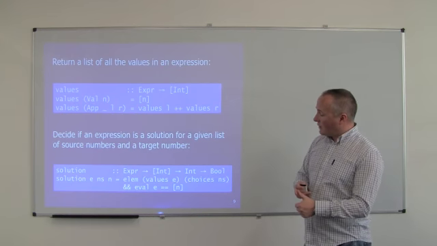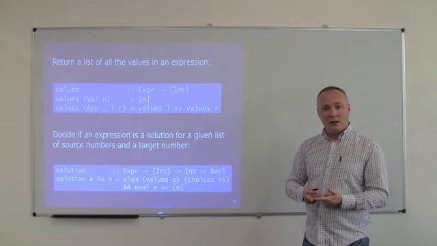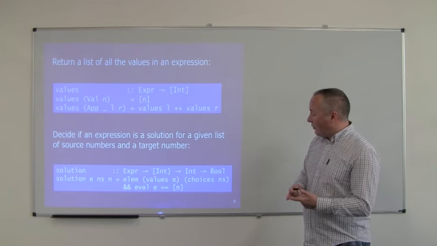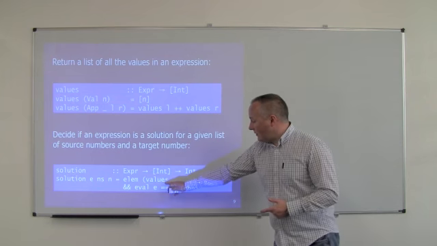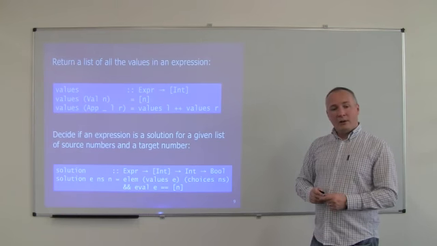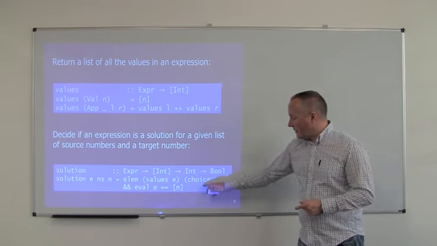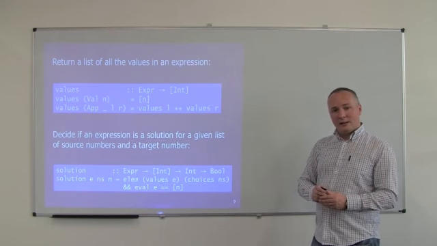Well, suppose we call our expression e, we call our source numbers ns, and we call our target number n. All we're going to do is check that the values in the expression are selected from all the possible choices that we could make. So choices here takes the 6 numbers and returns all possible ways of choosing from them.